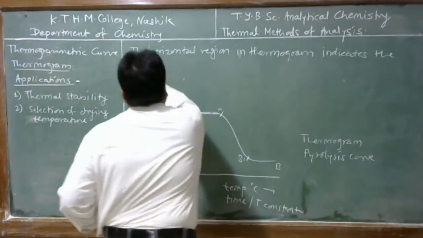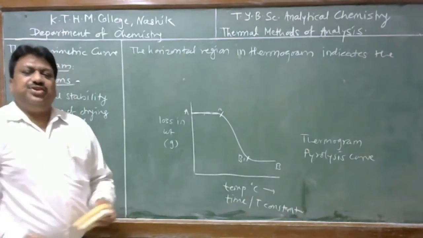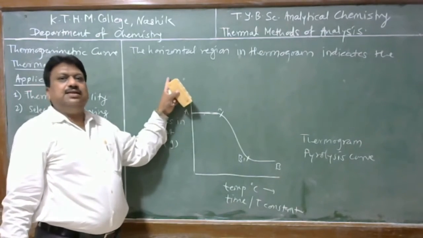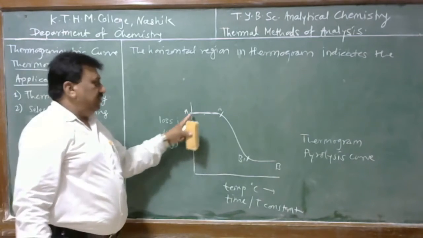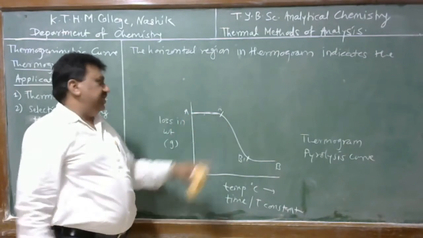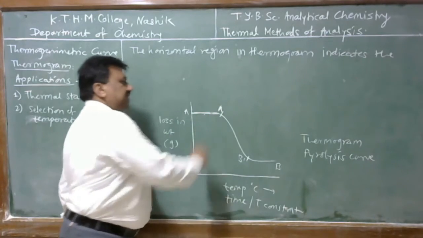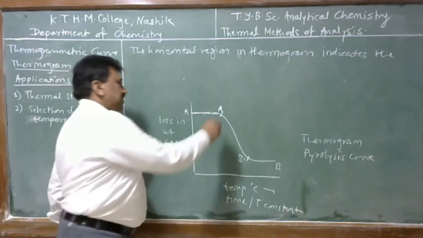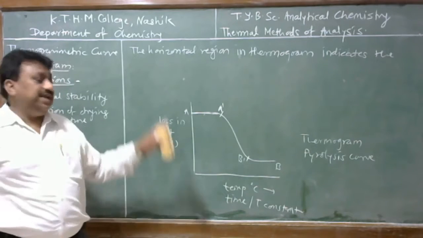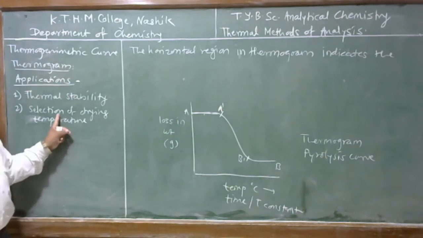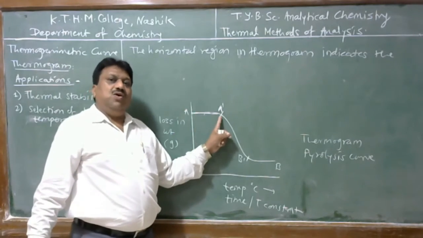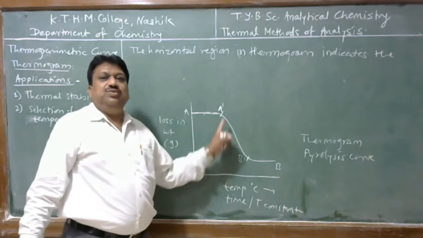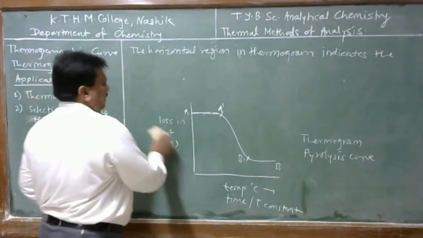Therefore, within that temperature range we can heat or dry that substance, because there is no change in physical or chemical property of the substance, and so we can select a drying temperature from this horizontal region.